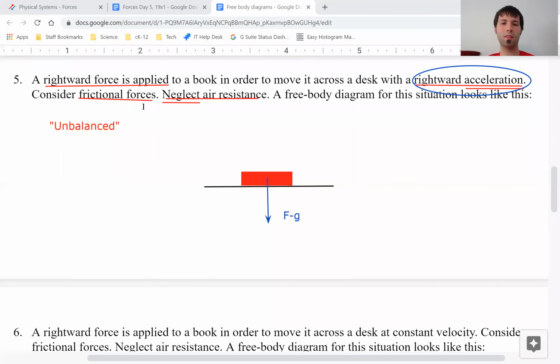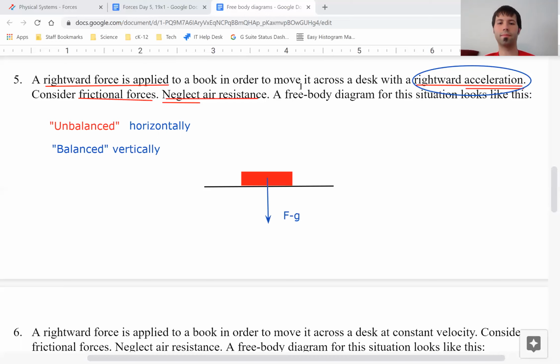So when I say unbalanced, in this case, it's unbalanced in the right direction, or horizontally. But it is balanced vertically.